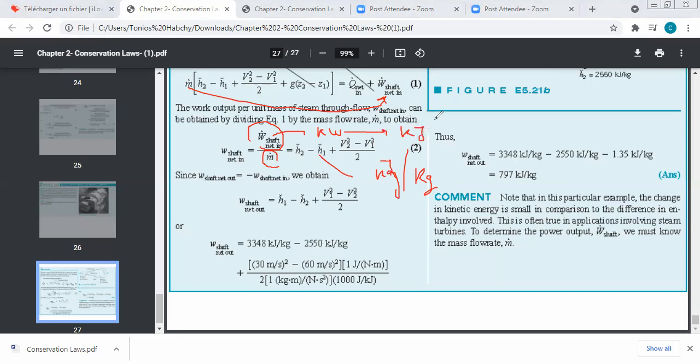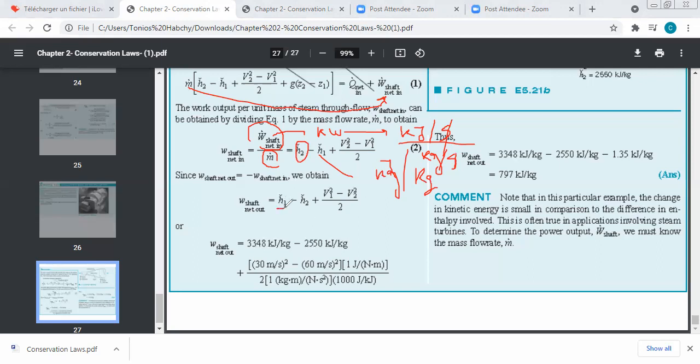When you divide by m dot, which is in kilogram per second, as expected, the seconds simplify and I get my work per unit mass in kilojoule per kilogram, which is the same unit as H. So now all I have to do is replace numerically.